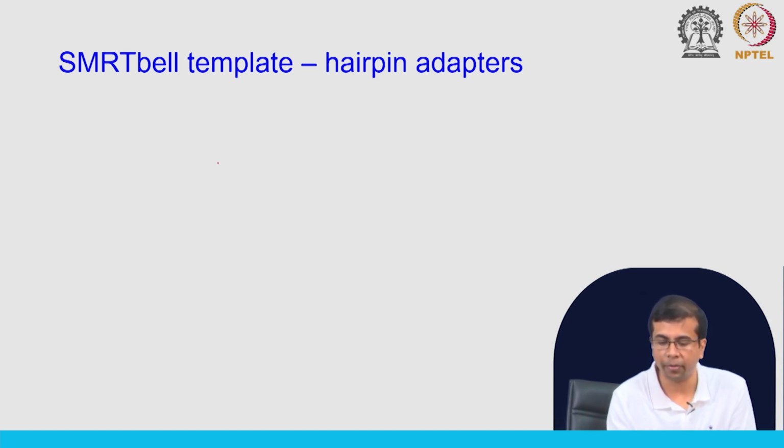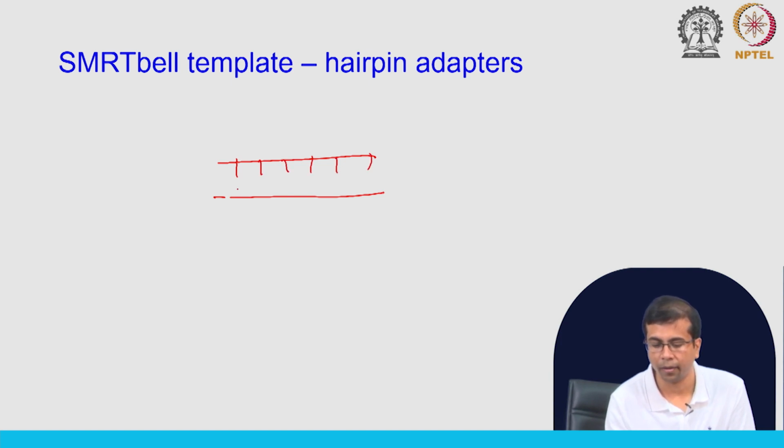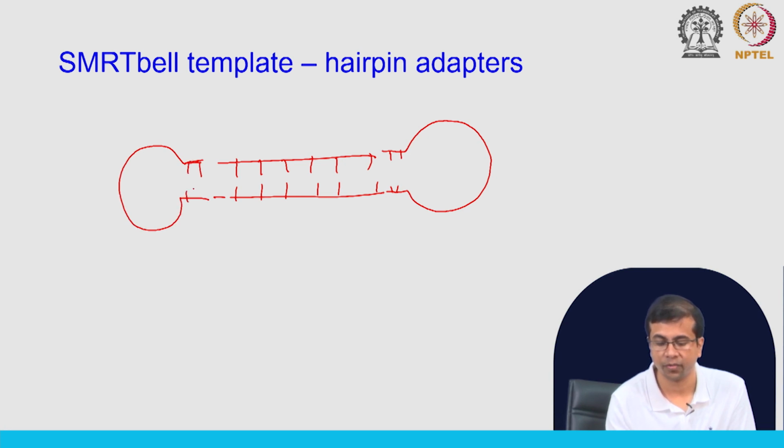If you get this dumbbell shape, this is the adapter part. In the single stranded part here you can have primer binding sites.